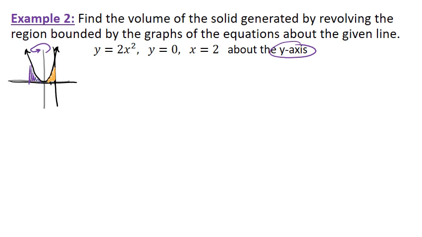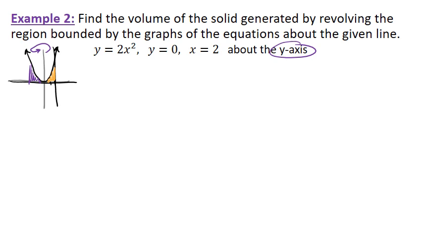So I'm going around and around and around the y-axis. So this kind of looks kind of like a bowl in a way. Okay, so if this is a bowl, I need to be able to tell that I have an inner radius and an outer radius. So what I need to do is I need to find big R and little r.